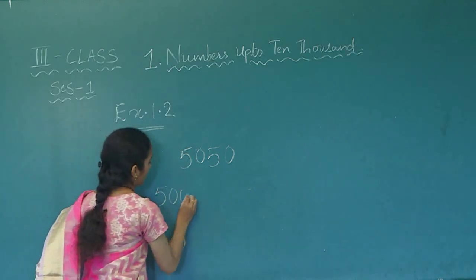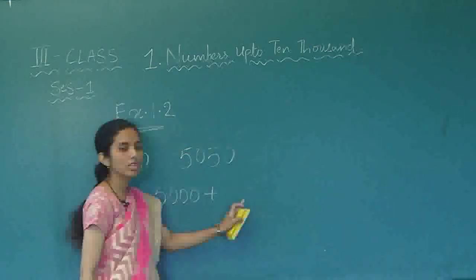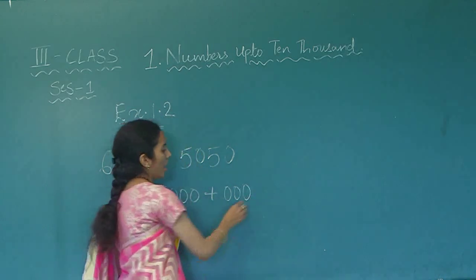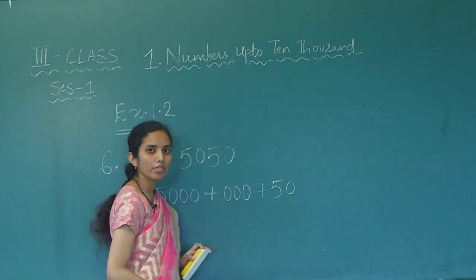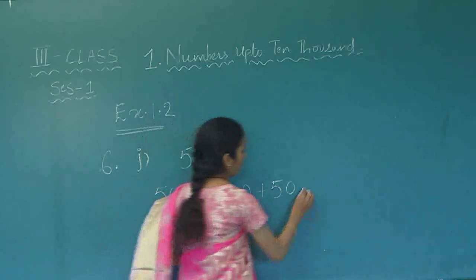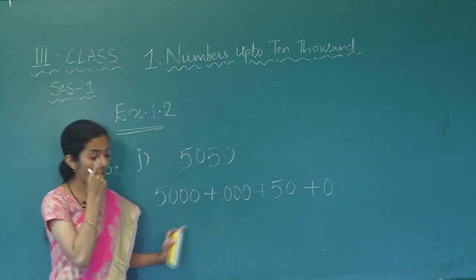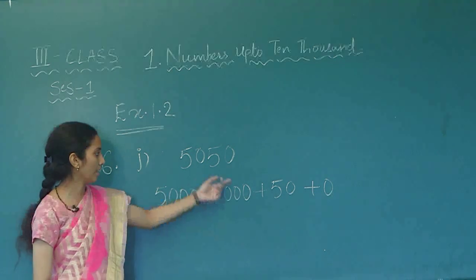That means 5,000. And after 5,000, 0. That means hundreds place, write 3 zeros. Okay. And next, tens place 50, because 5 is there, and in ones place 0.